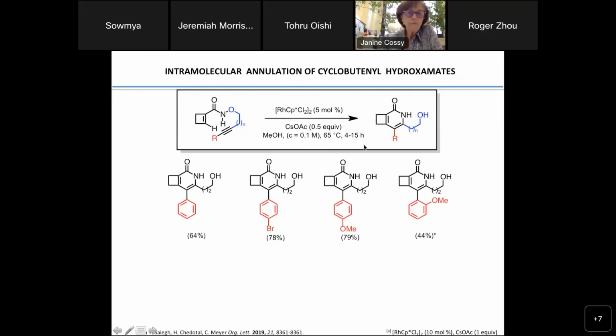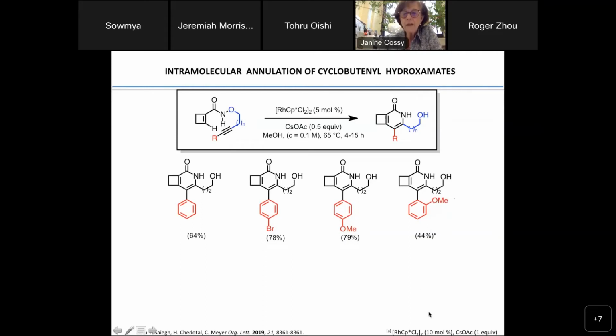For example, if we have a phenyl group at this position, the yield in this bicyclic compound is around 64%. You can have a phenyl with a bromide in the para position, a methoxy in the para position. You can see that the yields are similar, around 80%. For this one, with a methoxy in the ortho position, the yield is only 44%, due probably to steric hindrance.